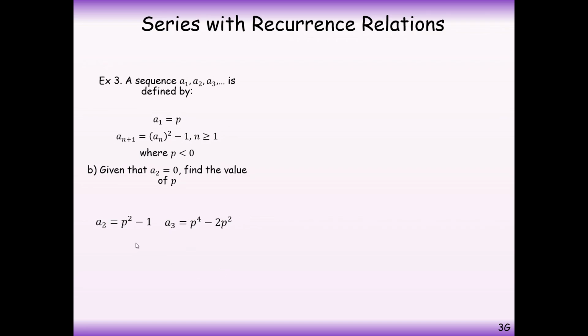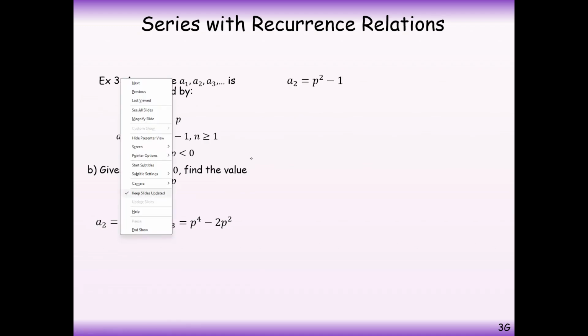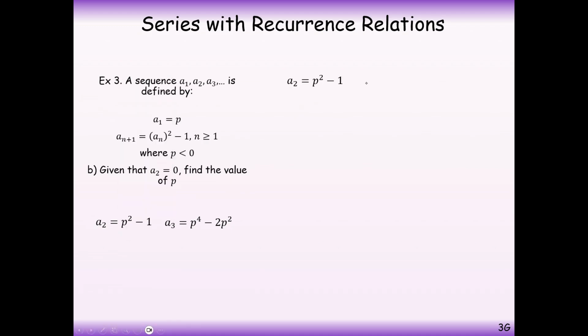Alright, these are the values that we found in part A. So in part B of this question, we've been told that given that a2, the second term, is 0, find the value for p. That means we need to substitute into this formula for a2, equate it to 0, and solve for p. When that equals 0, add 1 to both sides of the equation and take the square root.